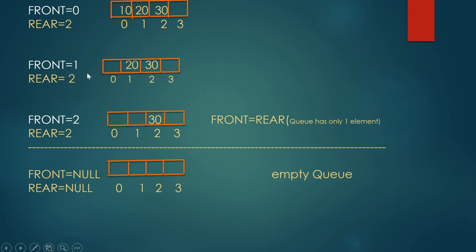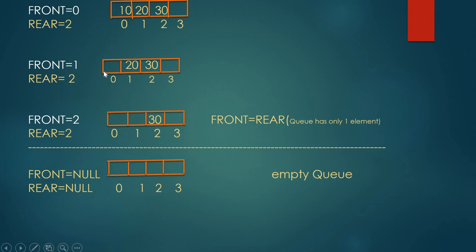Then next, which element are you going to delete? 20 we need to delete. After deleting 20, what happens to front? Front is again incremented by 1. That is, front is equal to 1 plus 1, that is equal to 2. Now there is one and only one element in this queue.